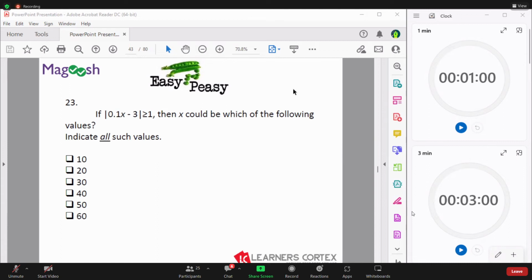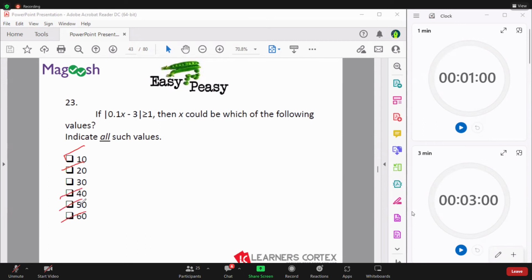Or else we can substitute all the values of x, whatever options are there, and in 30 only we will get the answer as 0, which will contradict the inequality. So except 30 we can get all the options as correct answers. You can substitute if you want, you can do that as well.